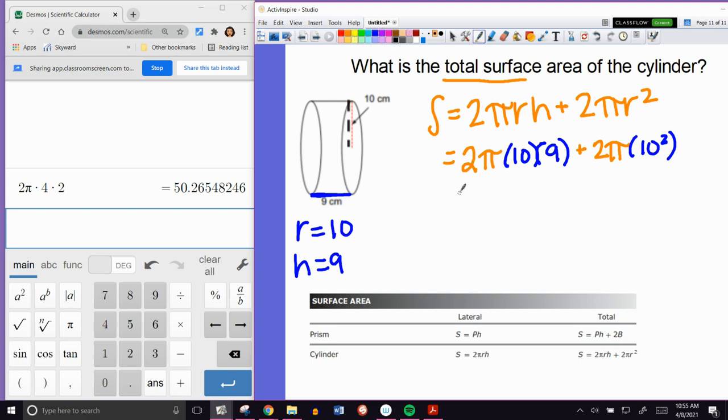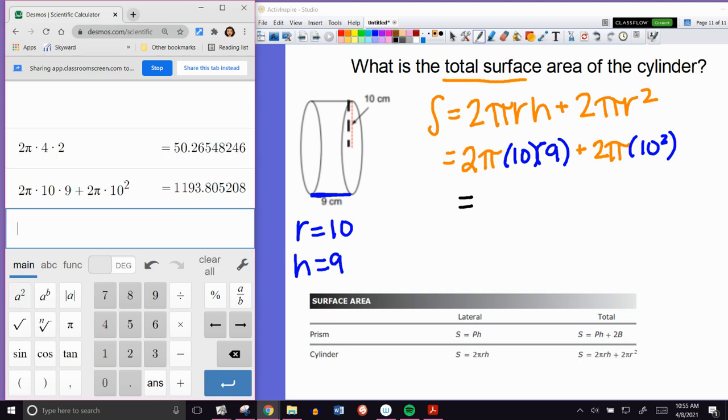Okay. So now all we need to do is plug into our calculator, and we can plug all of this in at one time. So I can do 2 pi times 10 times 9 plus 2 pi times 10 squared.